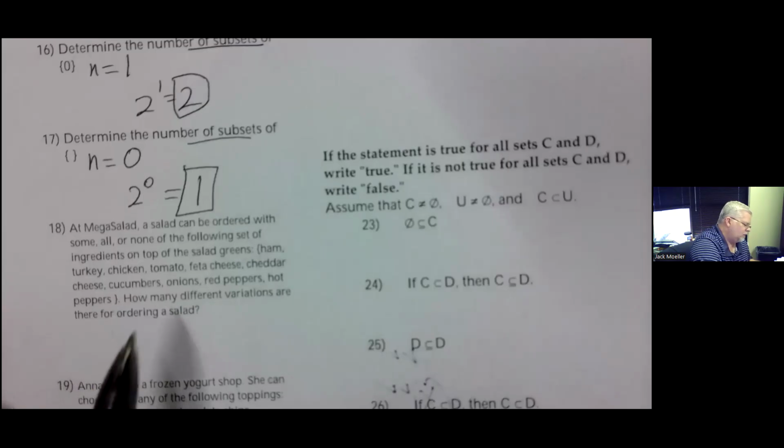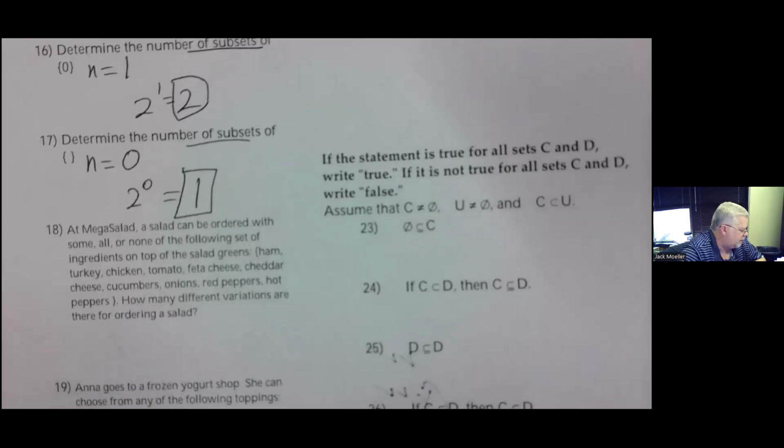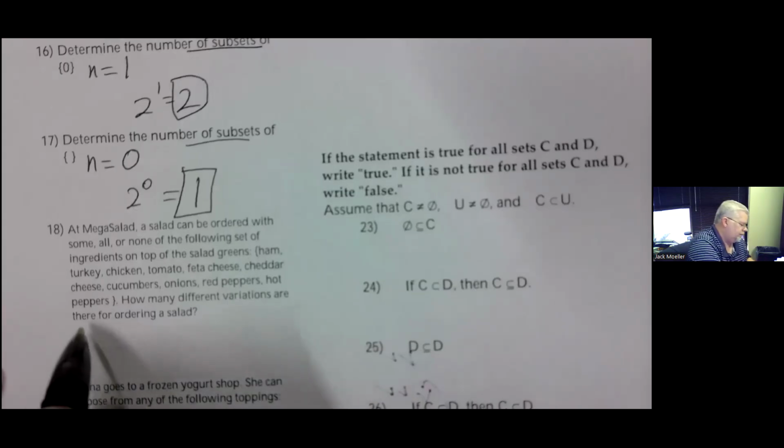All right. So number 18, at Mega Salad, a salad can be ordered with some, all, or none of the following ingredients. We have ham, turkey, chicken, tomato, feta cheese, cheddar cheese, cucumbers, onions, red peppers, hot peppers. How many different variations are there for ordering a salad?